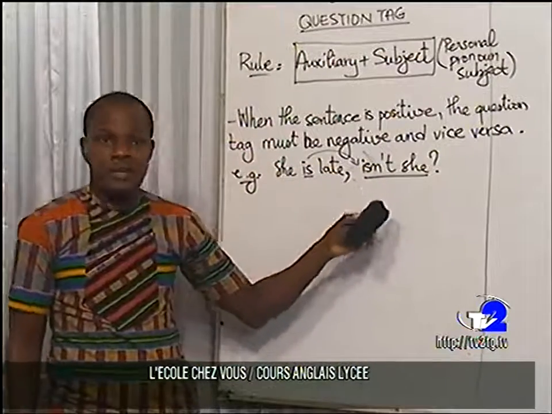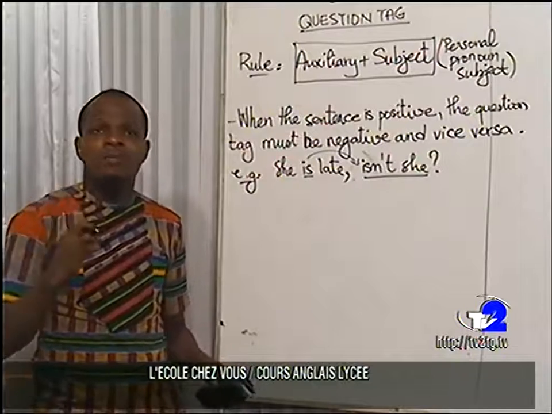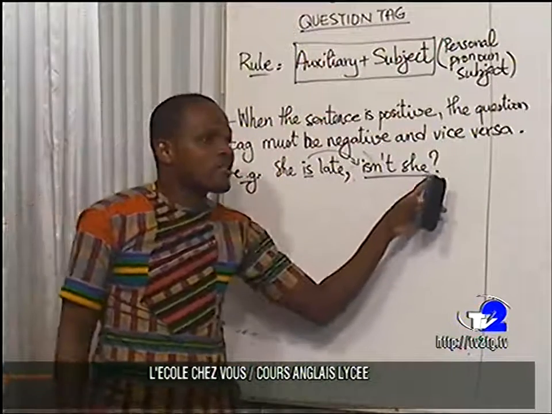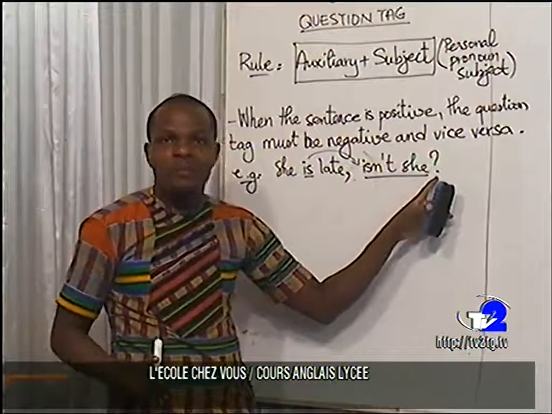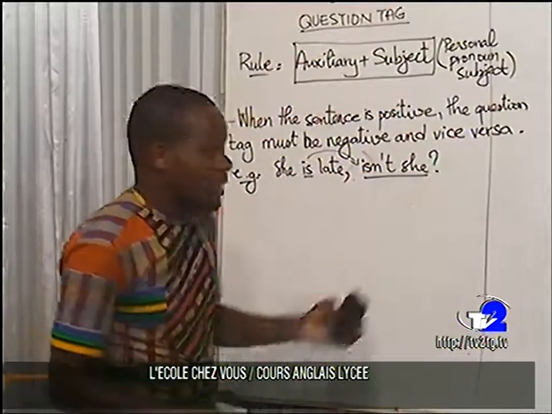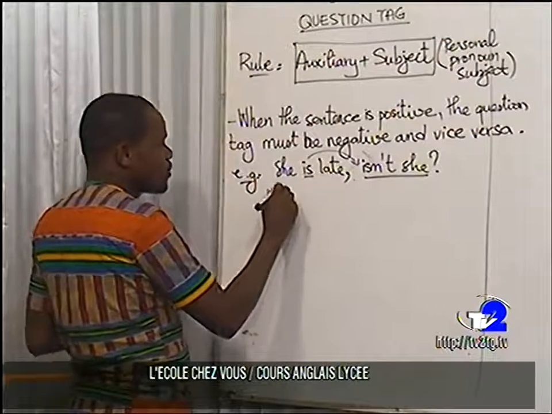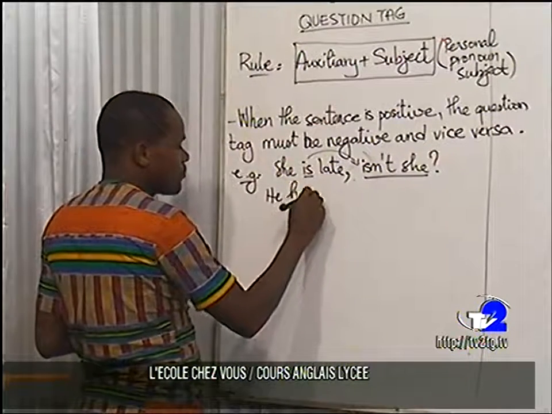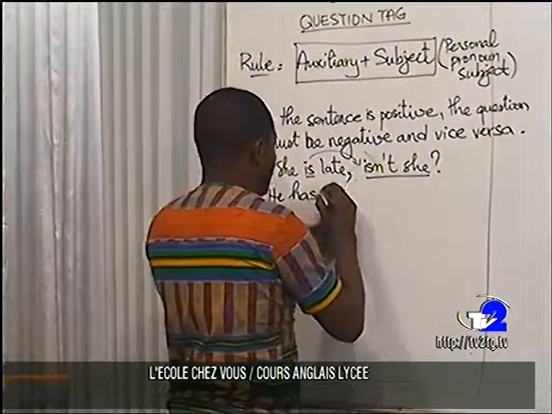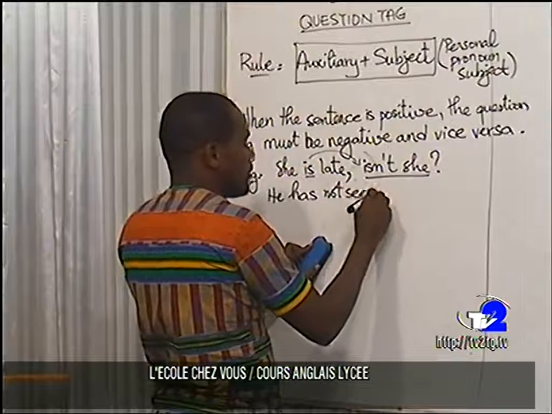But do not forget that anytime you are forming the question tag, it must be followed by a question mark. It is very important. Now let's take another sentence. For instance, if you say "he has not seen me."